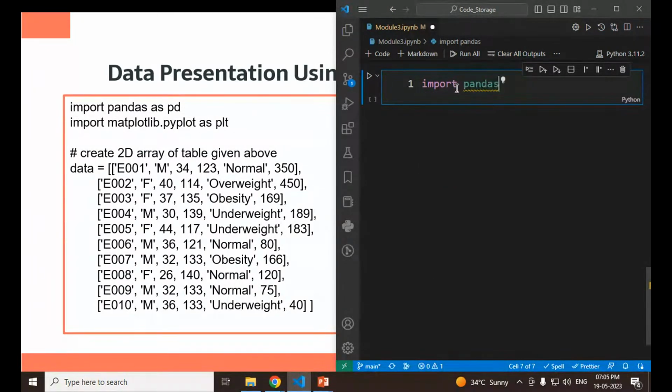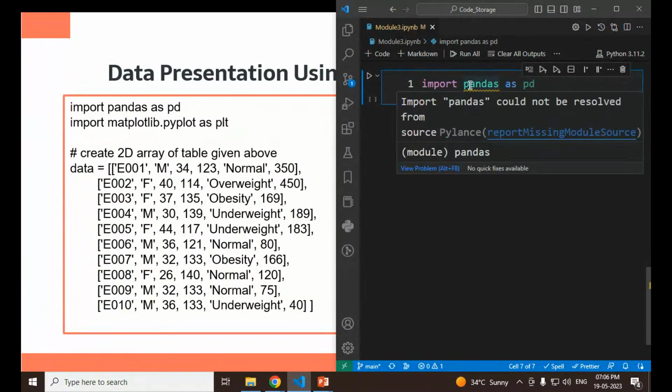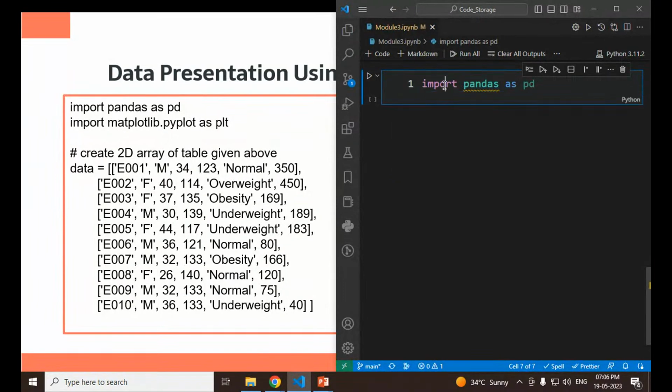And if you do not have that installed, you will get a yellow line. When you get a yellow line, please let me know. Ready? Okay.